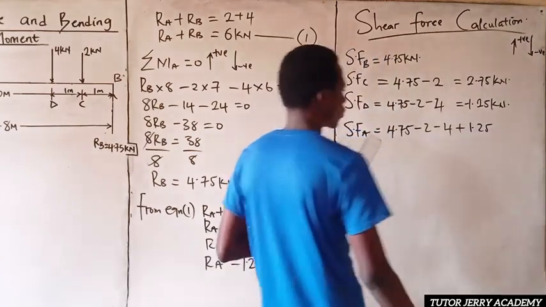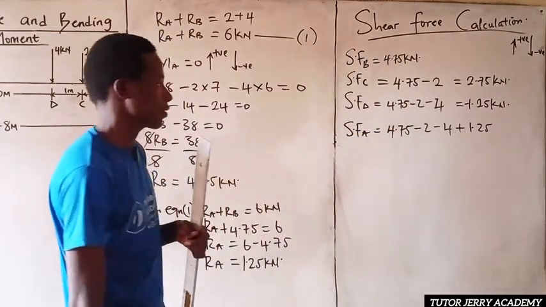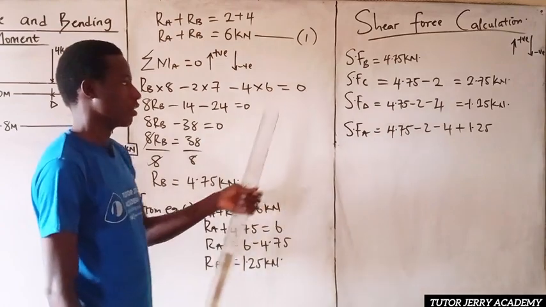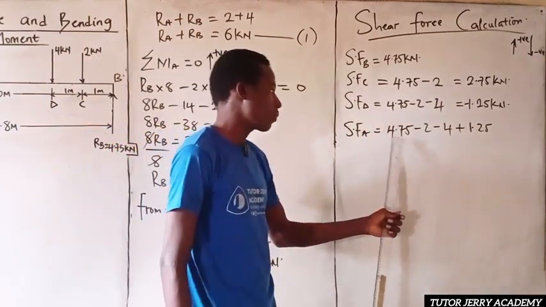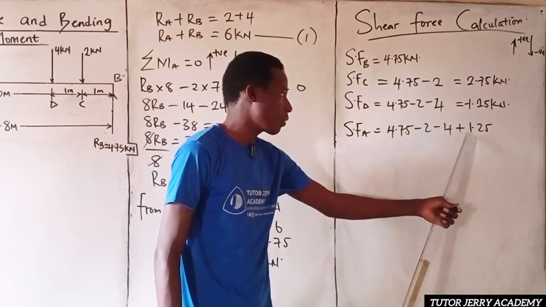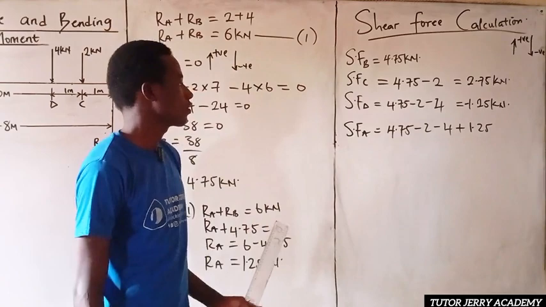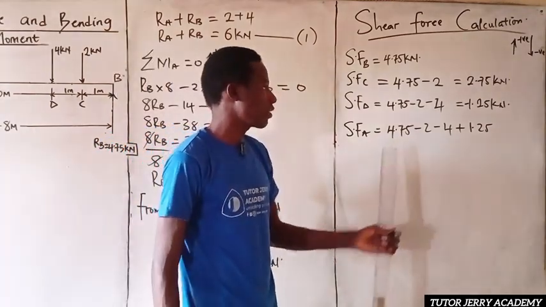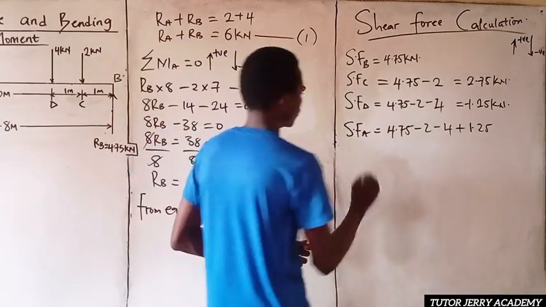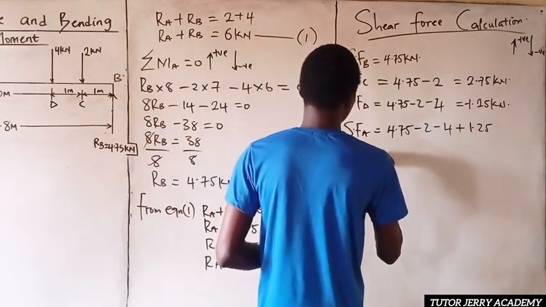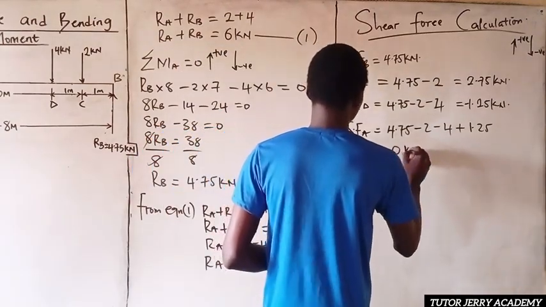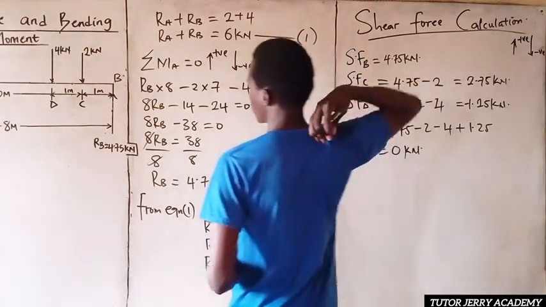Minus 2 minus 4 is minus 6, and 4.75 plus 1.25 is 6. 6 minus 6 is nothing but 0. So our shear force at A is equal to 0 kilonewton.